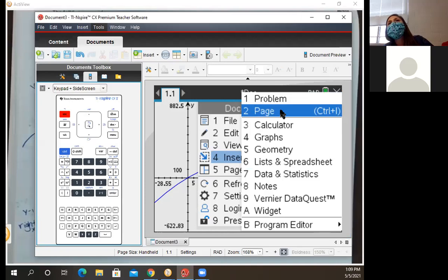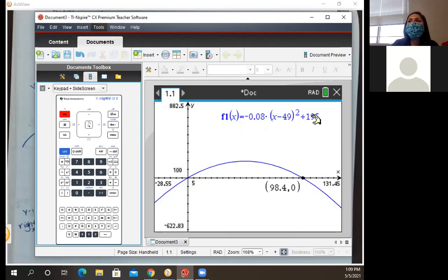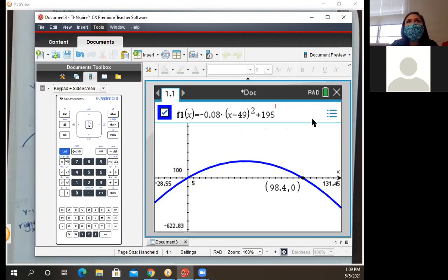So dock, insert page. Okay. Make it a graph page, and then you're going to do exactly the same thing that we just did. Okay. I'm going to go ahead and just edit the function that I have here. If you want to make a completely new page, that's fine. If you want to make a completely new document, that's fine. I'm just going to edit the function that I have here.